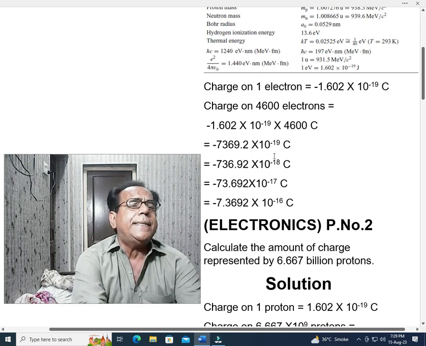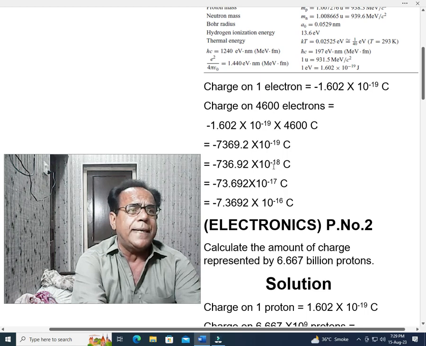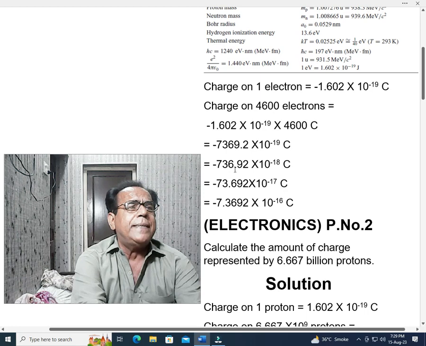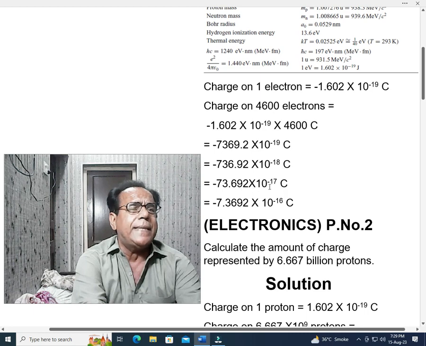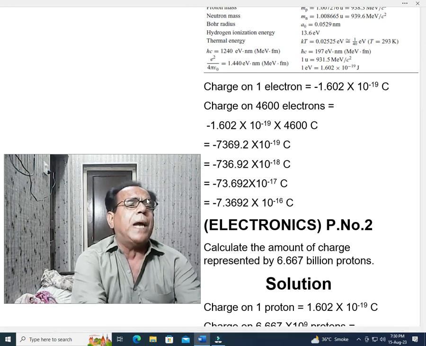Okay, this 10 raised to the power minus 19 has been converted into 10 raised to the power minus 18, but the decimal has been shifted one step backward. In the next step we have repeated the same process and it has taken the shape 10 raised to the power minus 17, and the decimal has been shifted one step more backward.